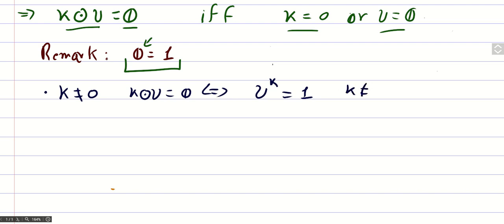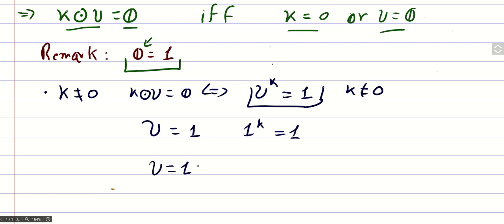But k is different from 0, and the only possible solution for this equation is that u should be equal to 1, because 1 to any power different from 0, and even 0, is equal to 1. So u should be equal to 1, that is actually the identity or the zero vector in this space.